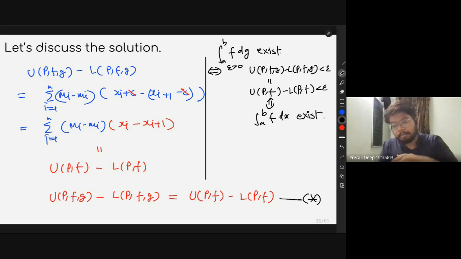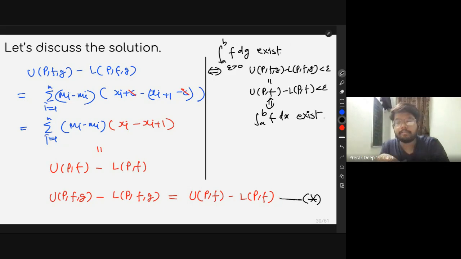Similarly, if you start with the Riemann integral existing, the difference of the right hand quantity is smaller than epsilon, which implies the same for the Stieltjes difference, and that is the same as saying that the Stieltjes integral exists.